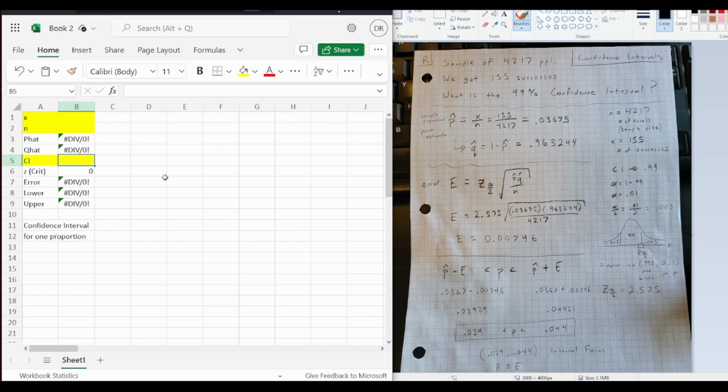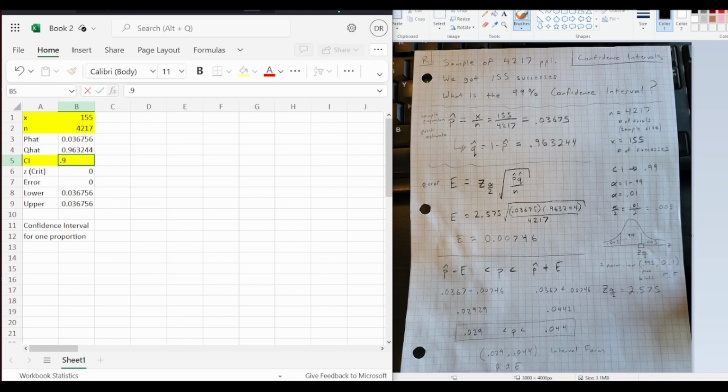So from the question, we were able to see that our X, our number of successes, was 155. We got a 4217 for the sample size. And as soon as I move away, all those numbers update. But now I still need the confidence interval.